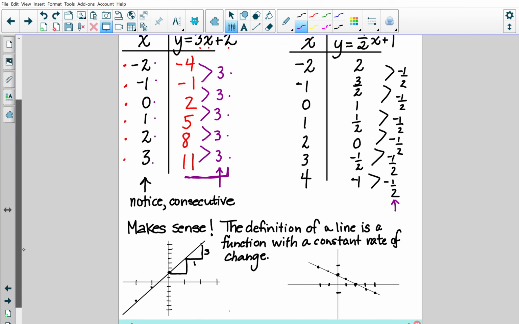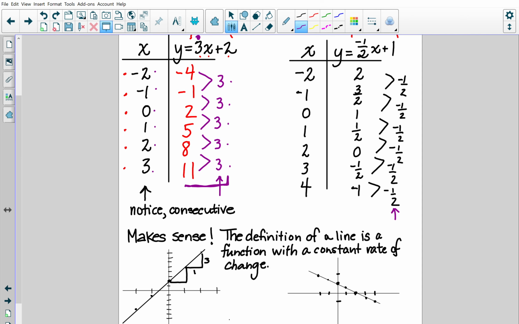So here I have graphed y equals 3x plus 2, and you can see I go 1 over and 3 up for each one of those points that's graphed. The line doesn't change its constant slope or constant rate of change. So there's my line with the slope of negative 1/2, down 1 over 2, down 1 over 2, down 1 over 2.